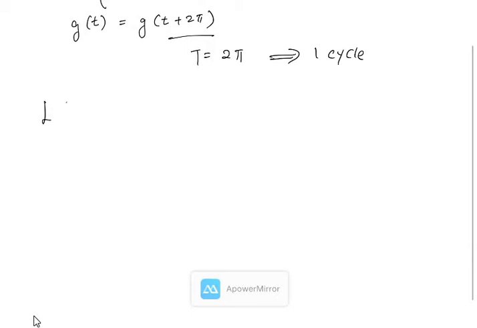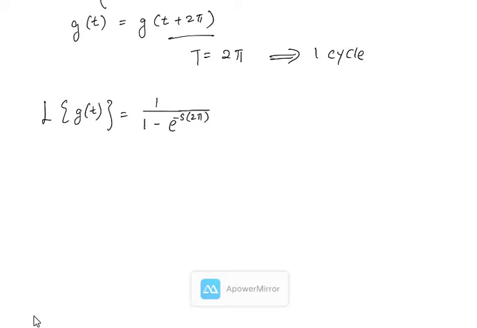So therefore the Laplace transform of g(t) is equal to 1 over 1 minus e to the power minus 2 pi s, and the integration from 0 to 2 pi also, e to the power negative st, g(t) dt.